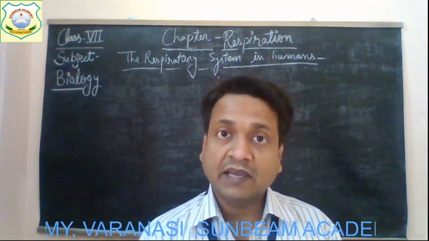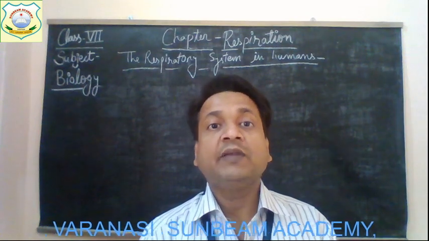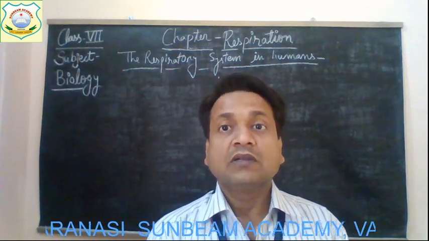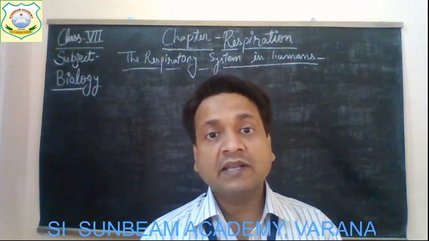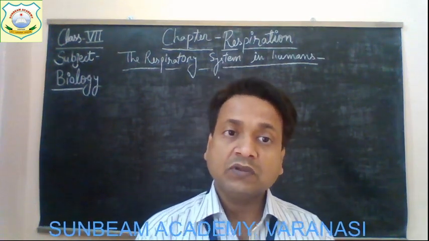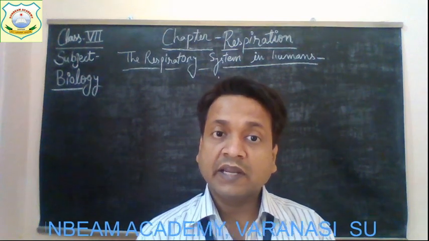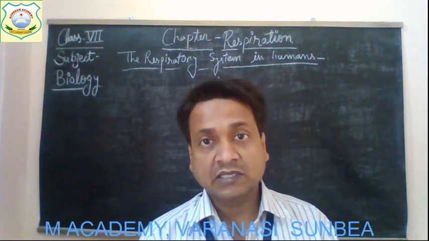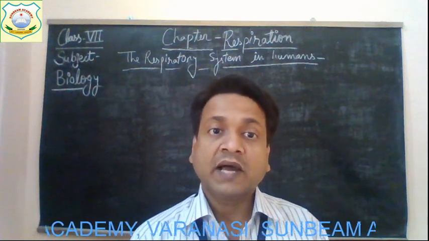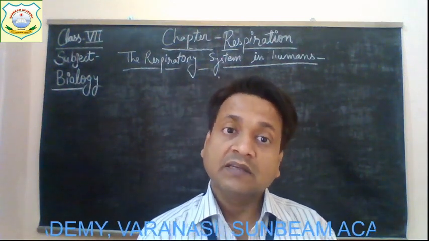Second is trachea. It is also known as windpipe, through which the gases, carbon dioxide and oxygen, are going to move. And the third organ is bronchi. The trachea gets divided into two branches, and these two branches of trachea are known as bronchi.